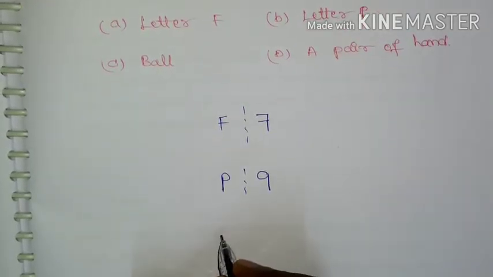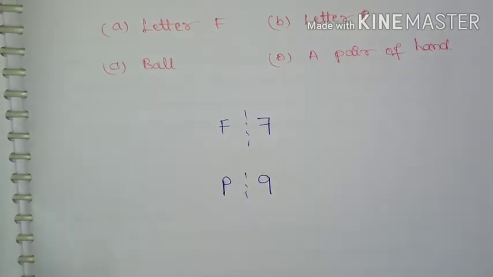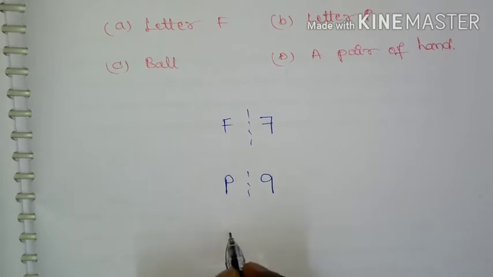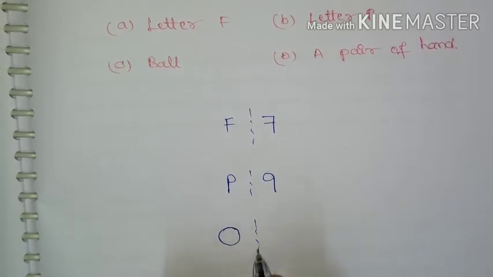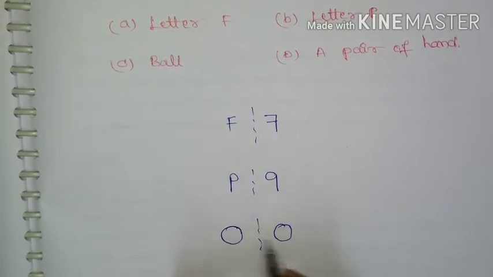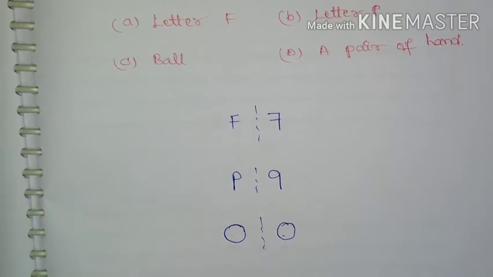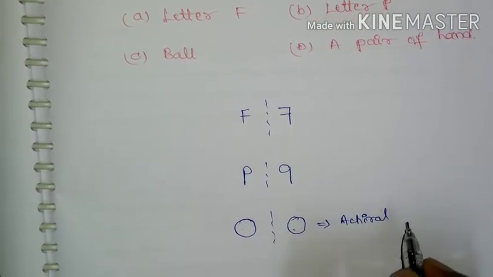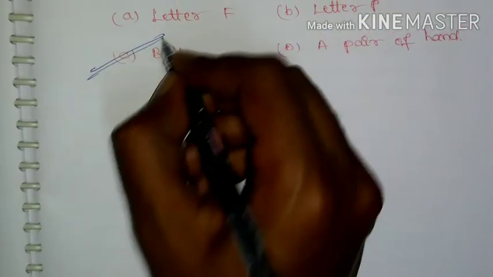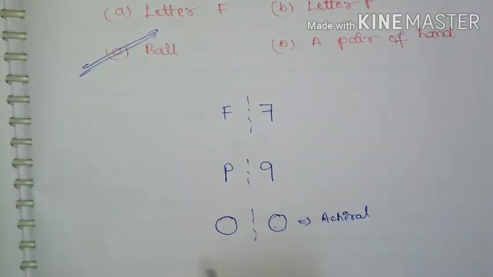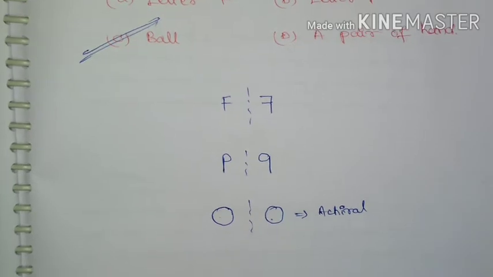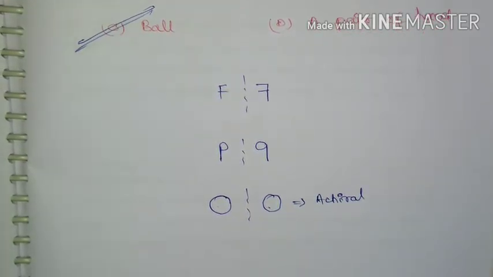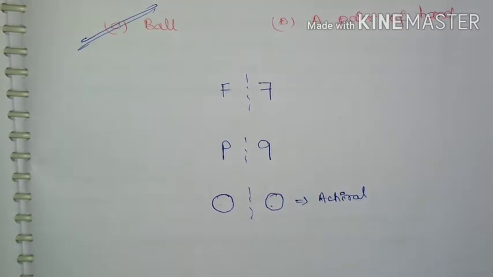And if you consider a ball, it is a circular sphere, so the mirror images are superimposable. So this is achiral. So option C is correct. And if you consider hands, both hands are non-superimposable and they are chiral, a pair of hands.